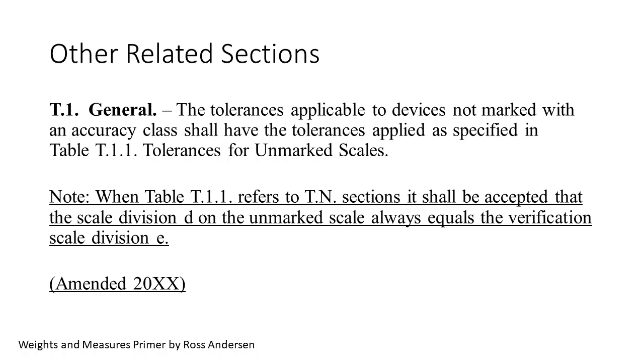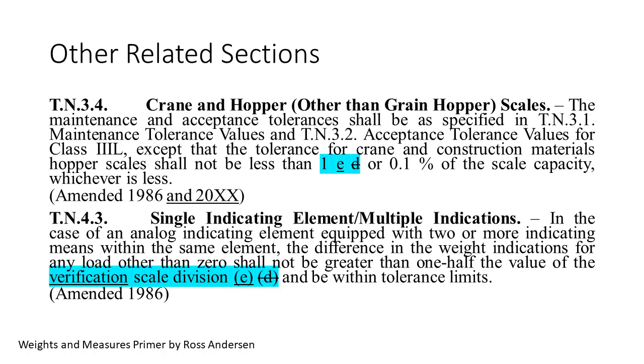The proposed change clarifies that whenever the T section refers to the TN section, it is accepted that E equals the scale division D. Many of the current TN tolerance paragraphs refer to specific tolerances in D. The task group is proposing that we revise all of these so the tolerances are expressed in terms of E. Here are two cases. There are several other instances, and they are all identified in the proposal.